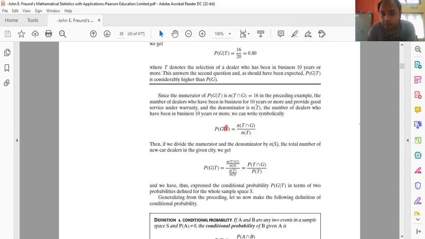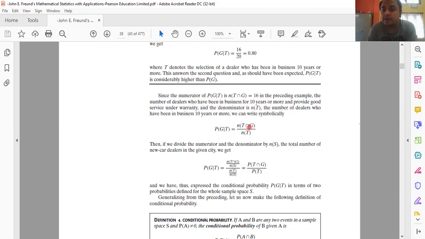Okay, so probability of G given T is actually the number of car dealers in business for 10 years or more providing good service, divided by the number of dealers in business for 10 years or more. But what you can do now, mathematically, you can do one trick.